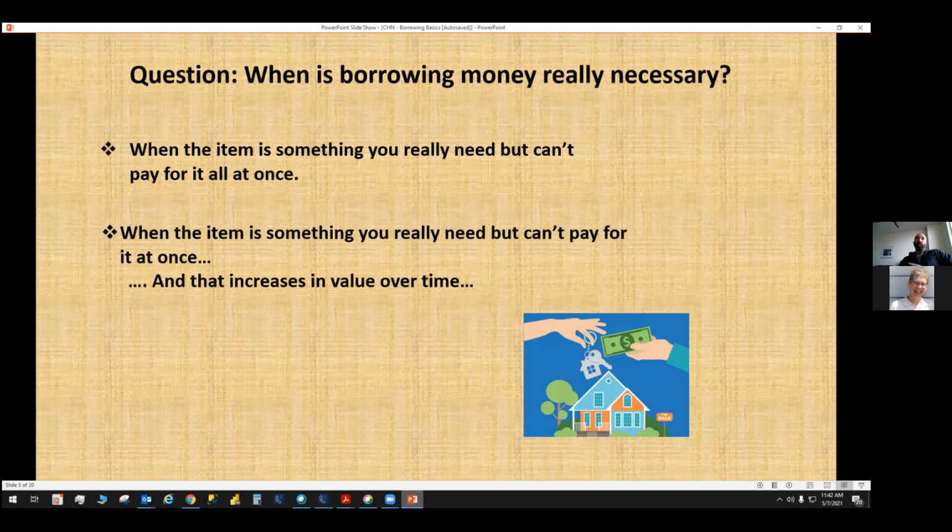Or when the item is something you really need and can't pay for all at once, and that increases in value over time, like a house. You buy a house, the house will hopefully appreciate in value. So what I mean by that is if you spend $100,000 on a brand new house today, you're making loan payments on that house for the next 15 to 30 years.